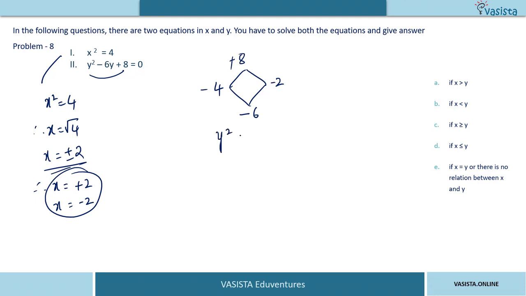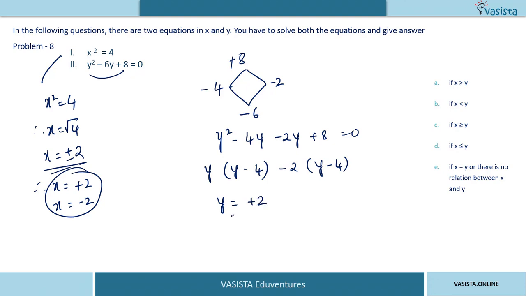So y square minus 4y minus 2y plus 8 is equal to 0. If you take y common, you get y minus 4, minus 2 if you take common, (y - 4)(y - 2) = 0. So y = 2, y = 4 we got.